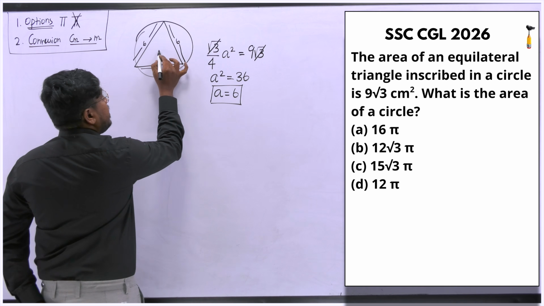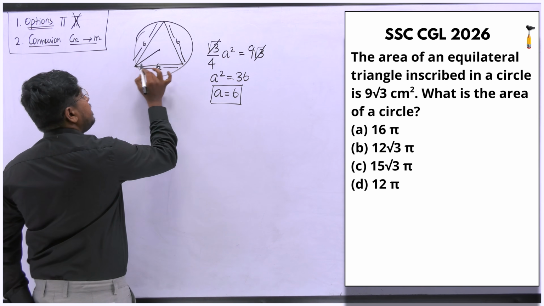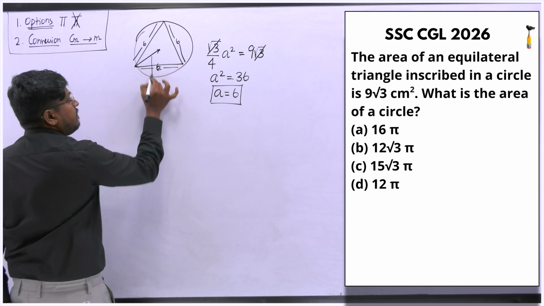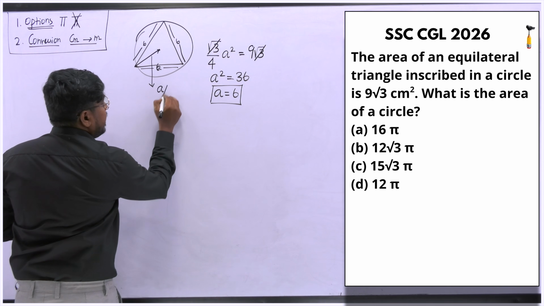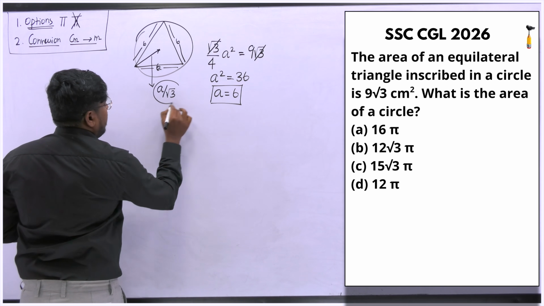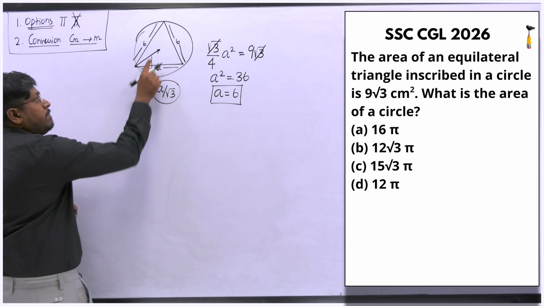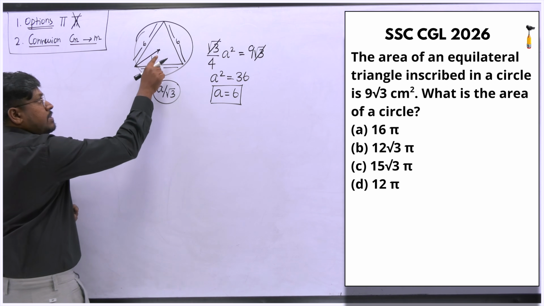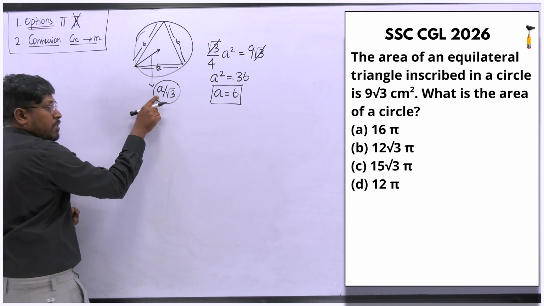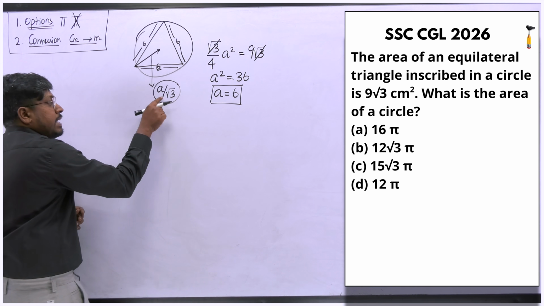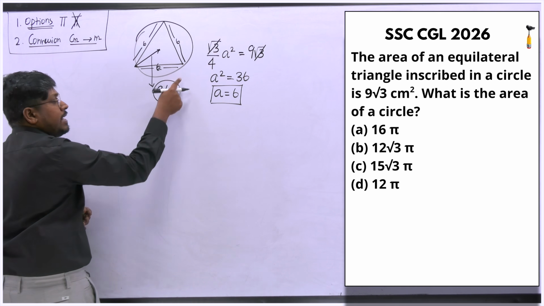If we know the side of an equilateral triangle, finding this length is easy. Just now we have learned this. For finding the length of this line, which is a divided by root 3, applying this value, resultant will be the radius of the circle. So the same value will also act as the radius of the circle.